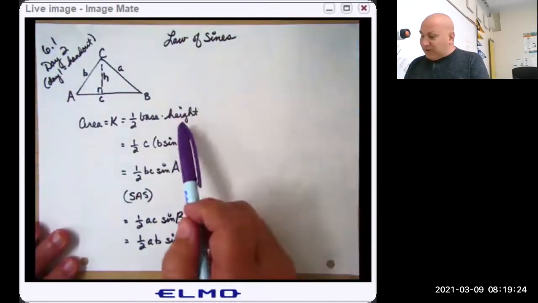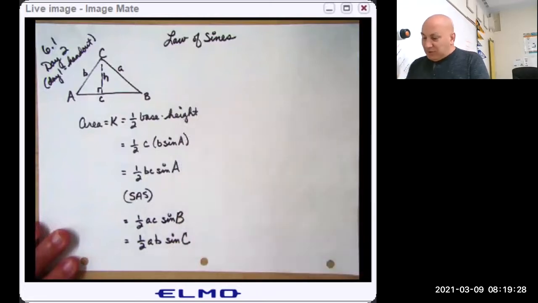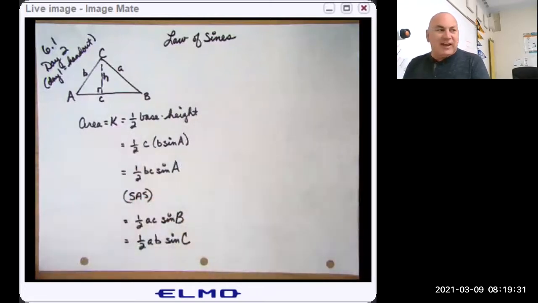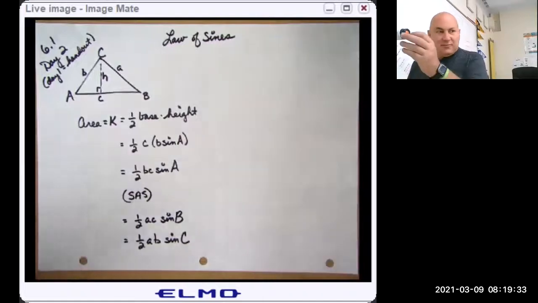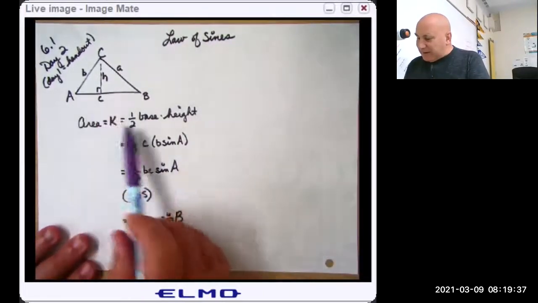All right, finding the area of a triangle using the law of sines. Well, the area, and I don't know why we use K for area, but we do, is 1/2 base times height.